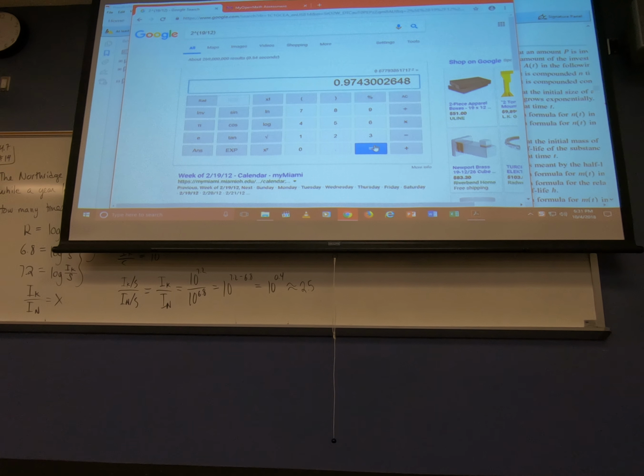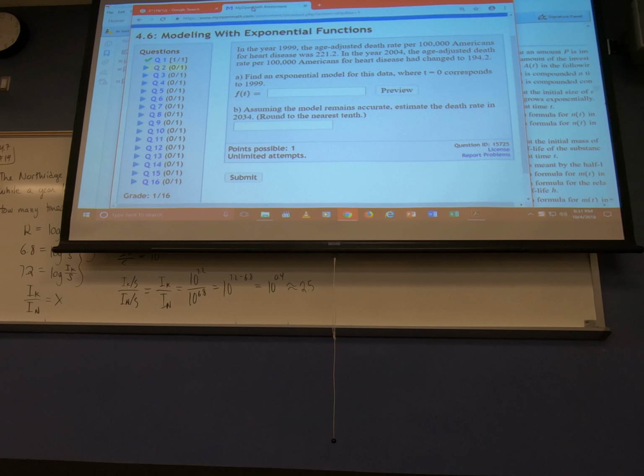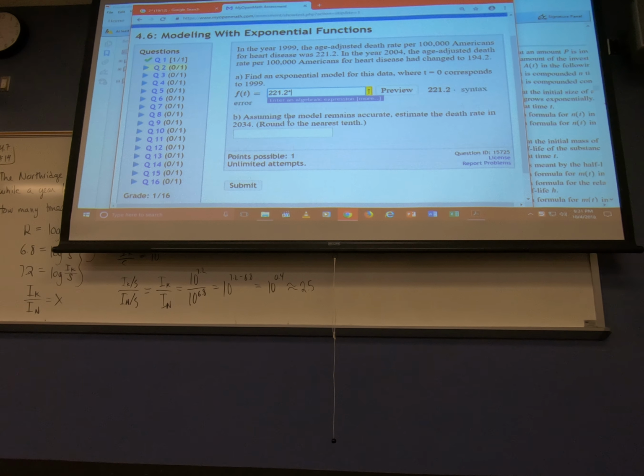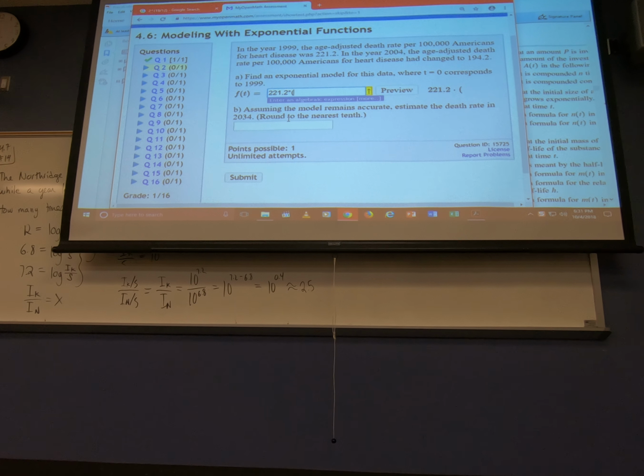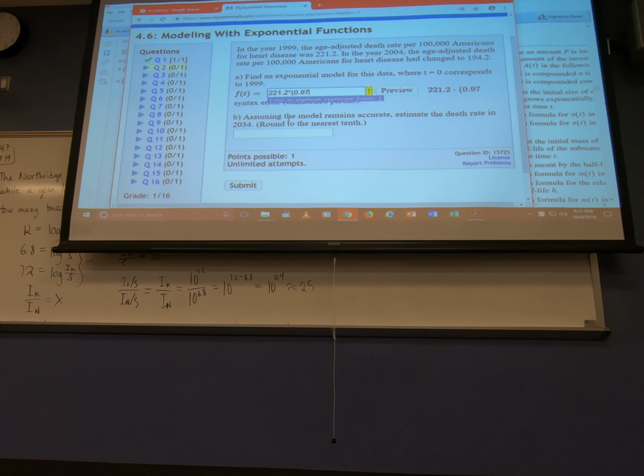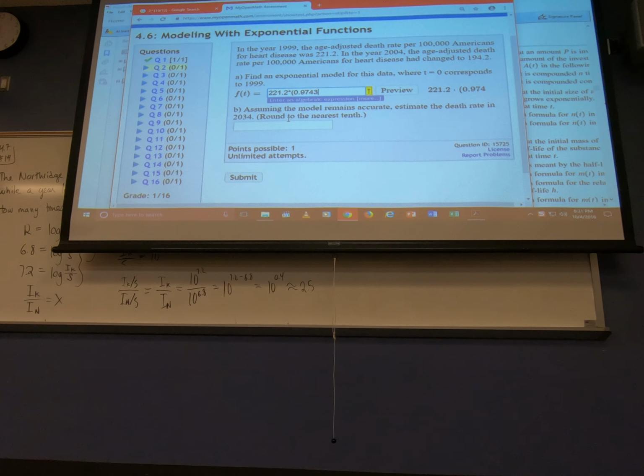Okay, so what is their question? We got all our model and everything, but I've forgotten what they wanted. Enter in the function. Okay, so 221.2 times, I guess in parentheses, 0.9743, raised to the power of t, because that's the independent variable here.